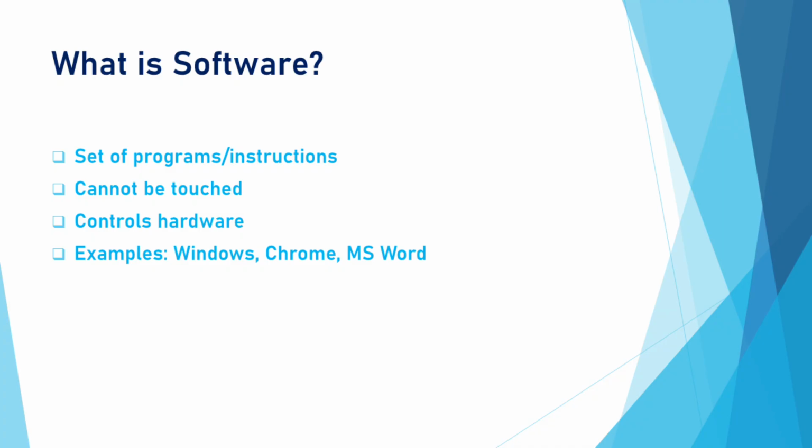So this software, or set of instructions, is also a digital code, and it is stored inside a computer. What are the examples? The examples are Windows, Linux, Android, Google Chrome, Microsoft Word, VLC Media Player, Photoshop, and so on.